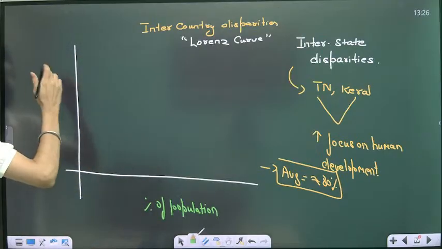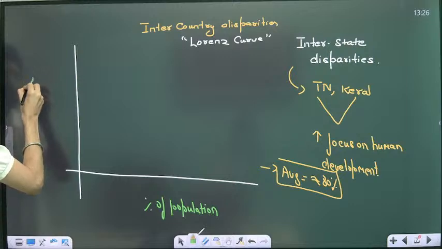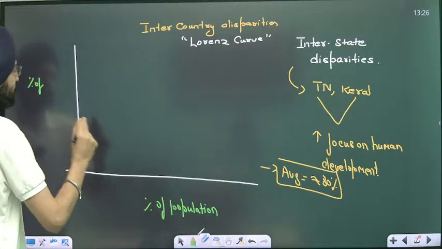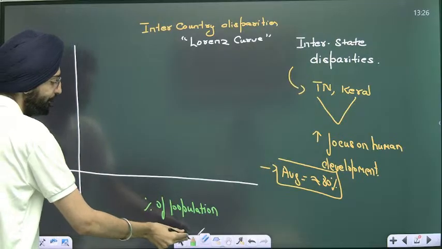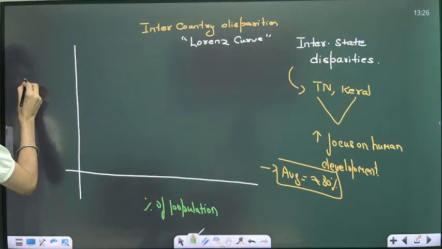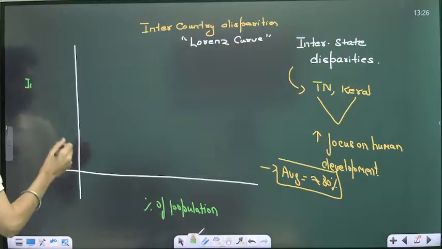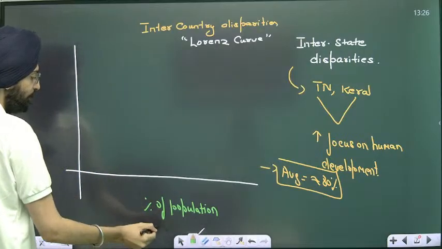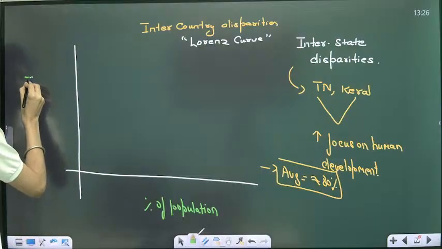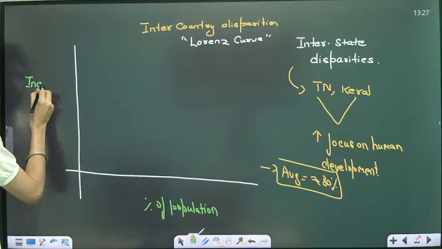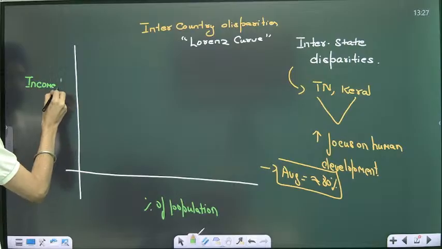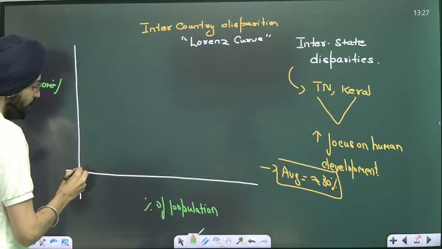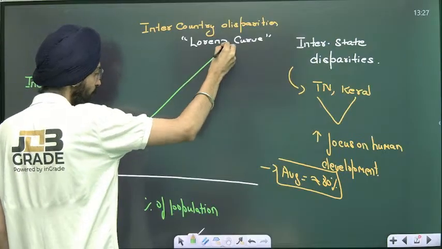On the y-axis, we're going to write percentage of income, or income directly. Let's take it as income.